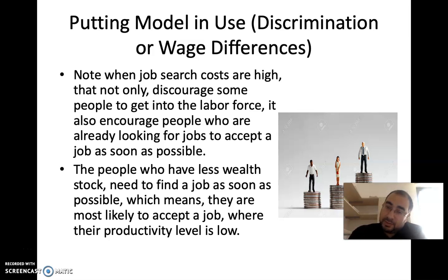Note here, part of this low wage can be explained by the fact that those people might disproportionately go to jobs offered by companies with low productivity, but even the companies that normally pay workers with a particular level of productivity a higher wage might pay a lower wage to these groups, because they know the job search process is more costly for these people.